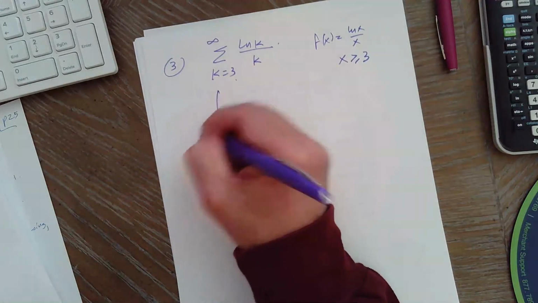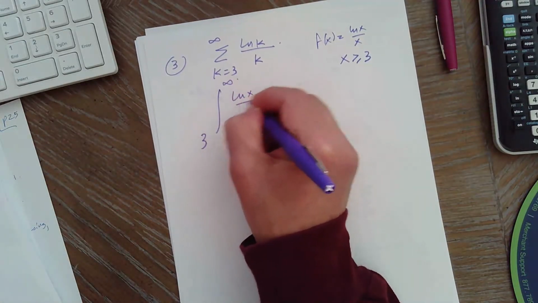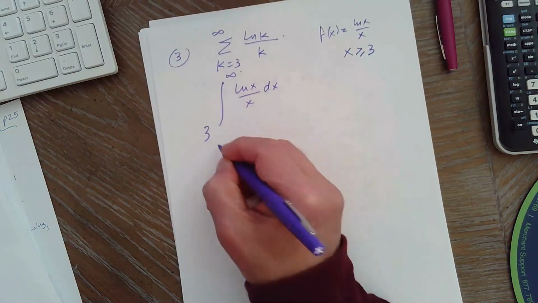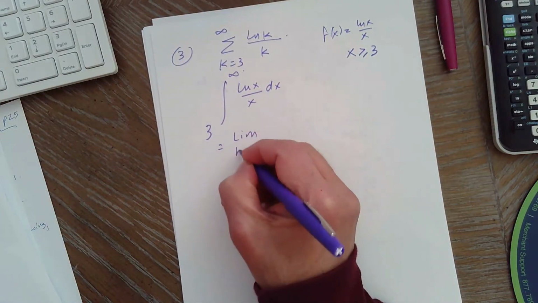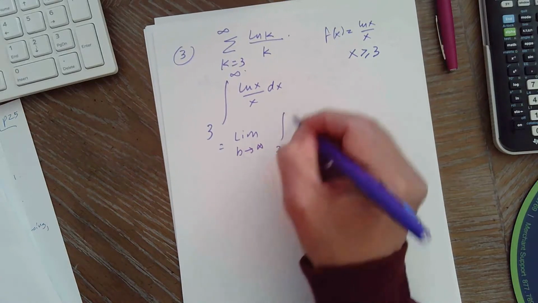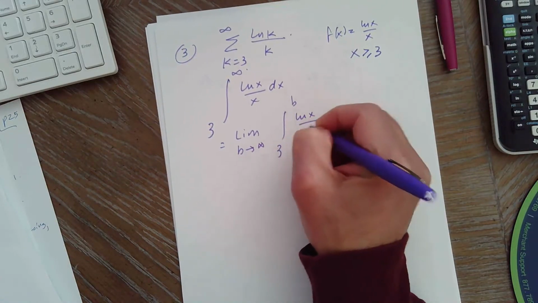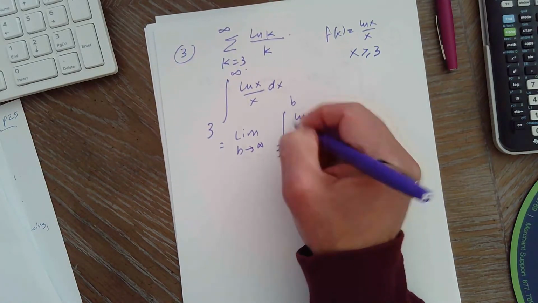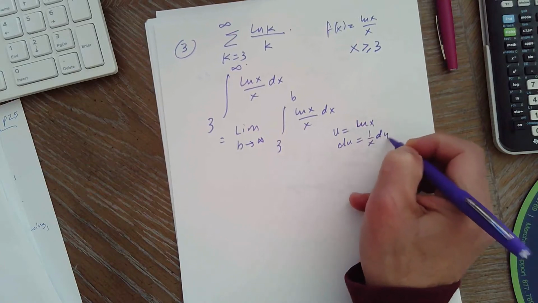So the integral from 3 to infinity of ln of x over x dx is the limit as b goes to infinity of the integral from 3 to b of ln of x over x dx. We can use substitution. u equals ln of x, so du is 1 over x dx.